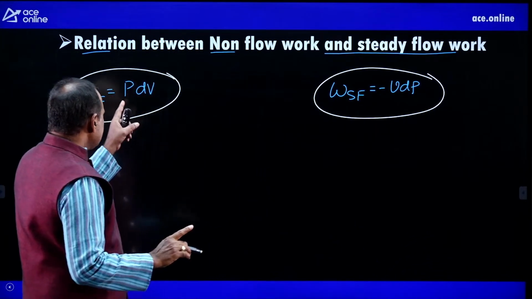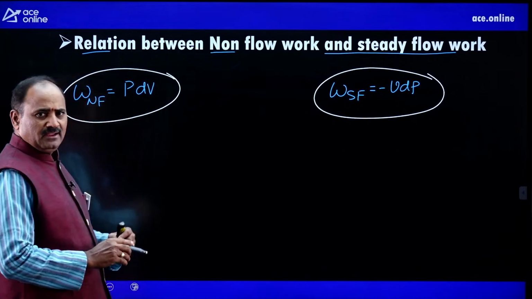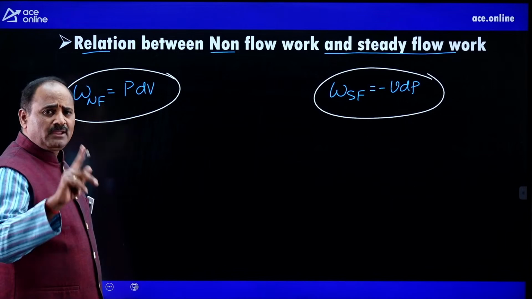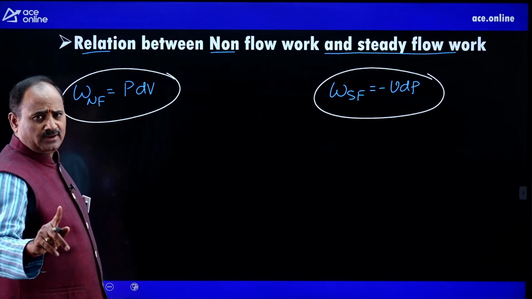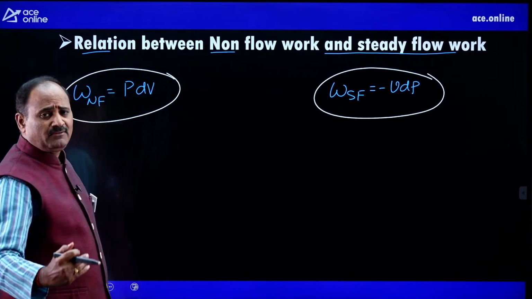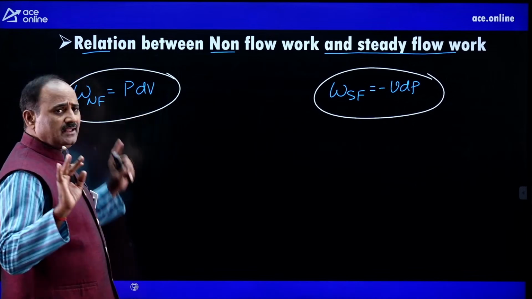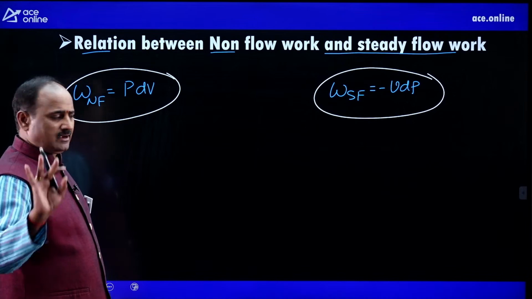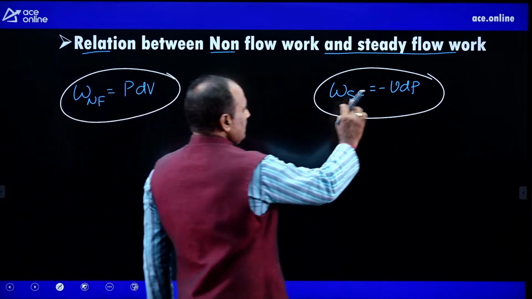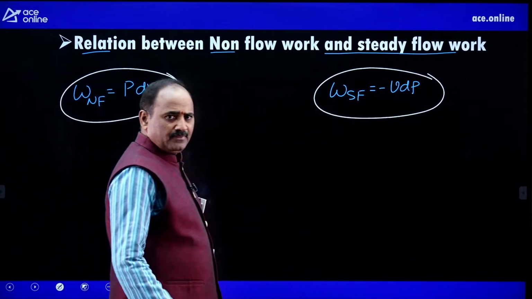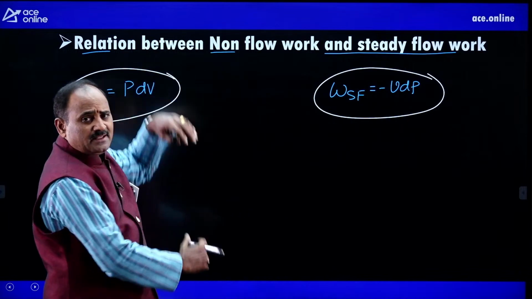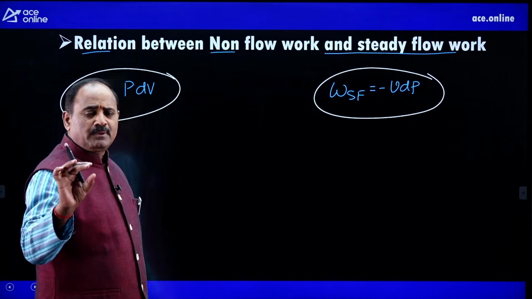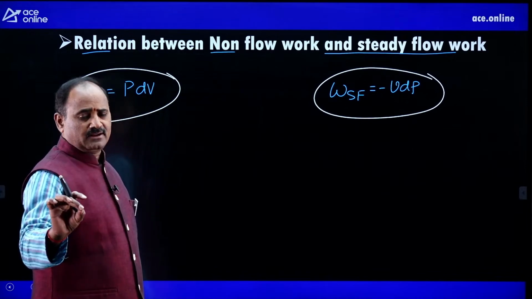Okay? Since the non-flow work is PdV, the area towards the volume coordinate in the PV diagram is the non-flow work. That means the area below the PV diagram represents the non-flow work, that too the non-flow reversible work. Since steady flow work is minus VdP, the area towards the pressure coordinate in the PV diagram is the steady flow work.